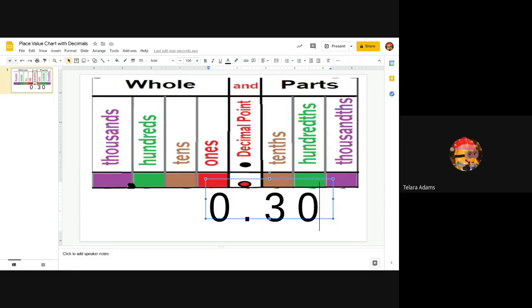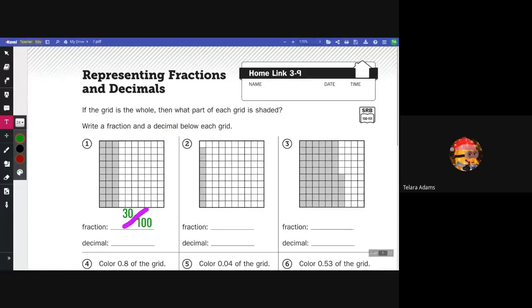So my decimal for my fraction is 30 hundredths. How can I write that? 0, because I don't have any whole grids shaded, right? Do you see a whole grid shaded for number 1? No, we only have a piece. So in this example, we have 0 whole numbers, 0 and 30 hundredths.